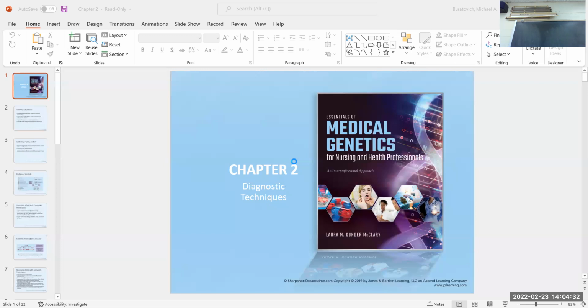If that occurs, that is called incomplete penetrance. If the trait always shows up in someone with that genotype, that is called complete penetrance.